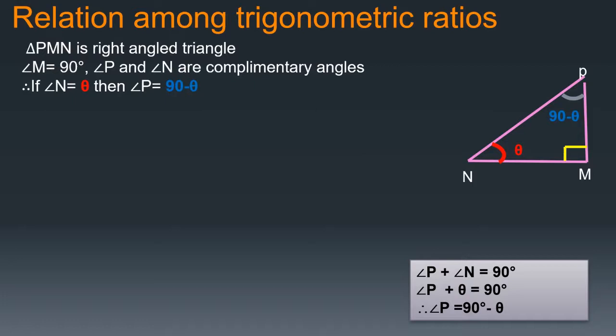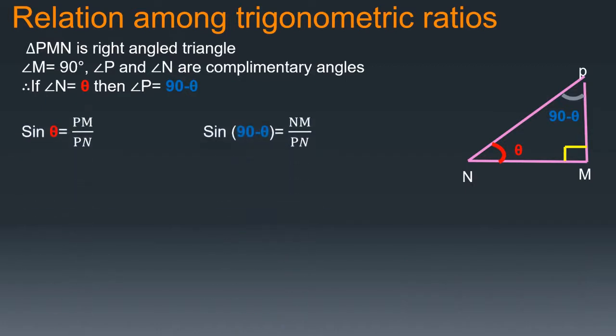Therefore angle P plus theta is equal to 90 degree. Therefore angle P is equal to 90 minus theta. So angle P I have considered as 90 minus theta. Now we will find out the trigonometric ratios for theta and 90 minus theta.